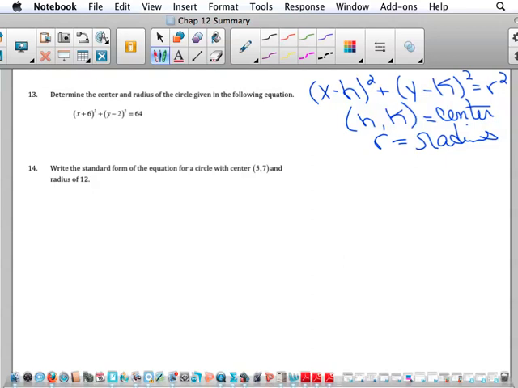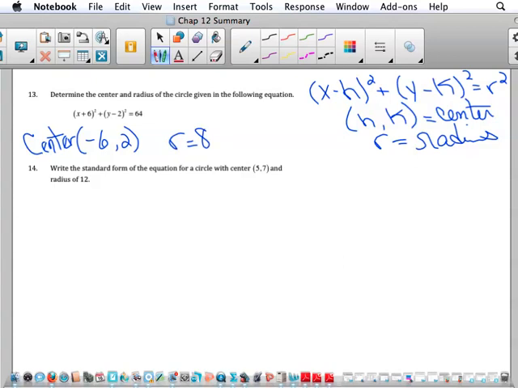So when I look at this, I have x minus negative 6 would be what gives me, so I have to have a negative 6 in order to get that to be plus, and then a 2. So the center is at minus 6, 2. The radius is the square root of 64, which is 8.